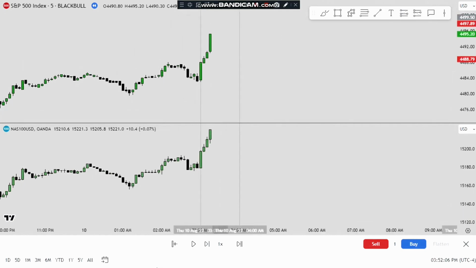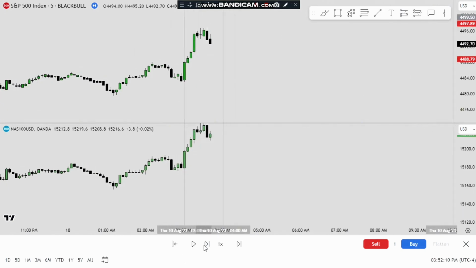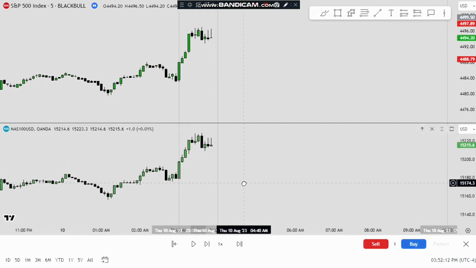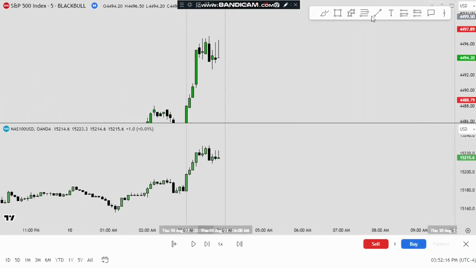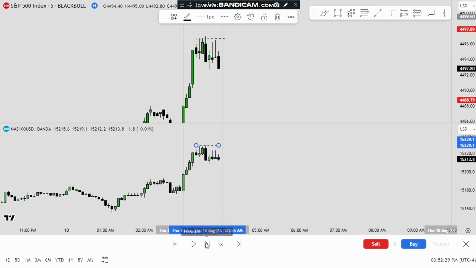So both swept the high, there is no divergence. Now you can see that this one swept this high, okay? This one swept the high and this one didn't. They were equal highs.